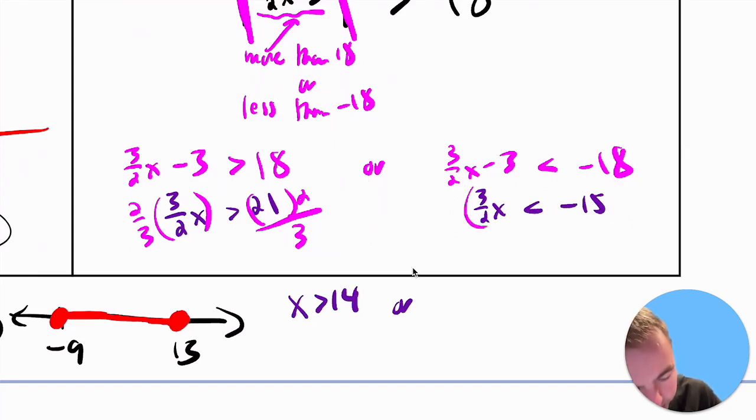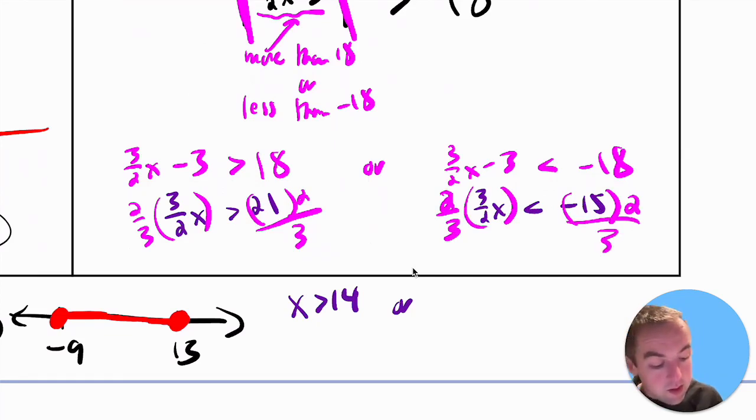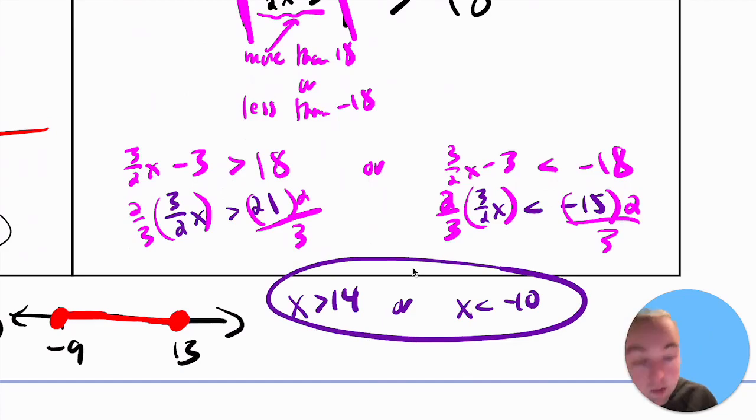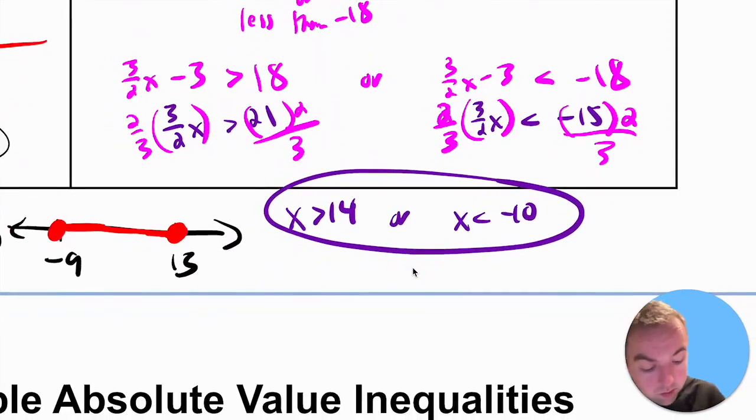And then you can multiply again by the reciprocal 2/3. 2 times negative 15 is negative 30, and negative 30 divided by 3 is negative 10. So we would get that x would be less than negative 10. So that right there, x being a number bigger than 14 or x being a number less than negative 10, is going to be the solutions.